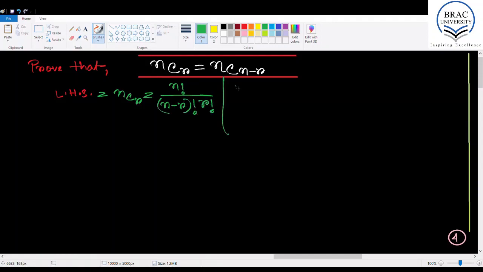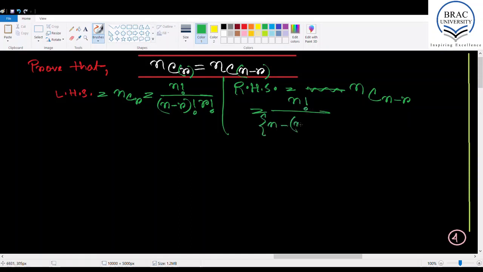As simple as that. And what is the right hand side here? Right hand side equals nC(n minus r). That is, r is replaced by n minus r. So we'll apply the same formula, but we'll replace r with n minus r.